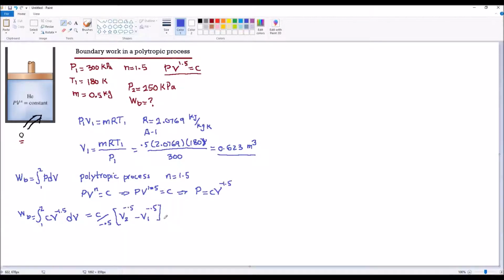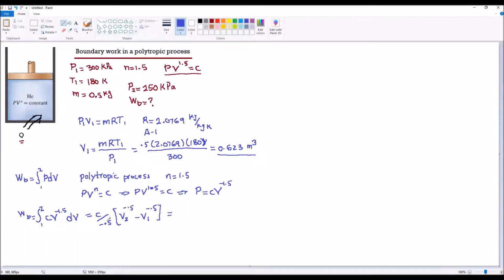With some operations, we can eliminate the need for calculating the value of C. Keep in mind that you can calculate C by plugging in the initial condition P1, V1 into this equation and plug the value of C in here. Another method is to just do some operations and eliminate the need for calculating C. So I'm going to do that.